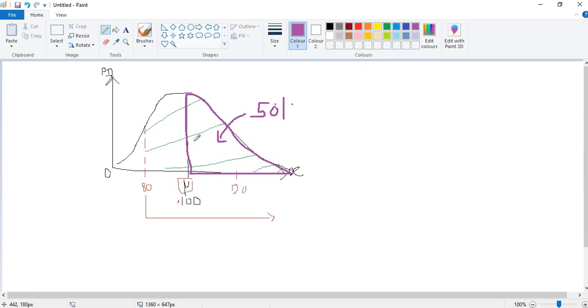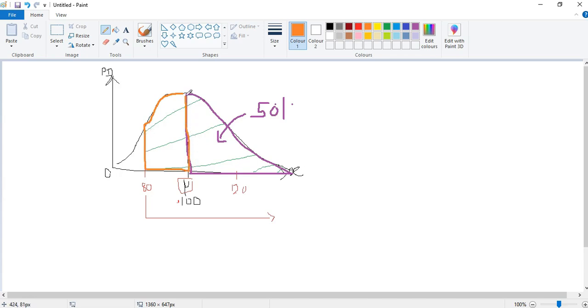If you consider all the values without a limit, then definitely this side will be 50%. And if you consider all the values this side, it will also equal to 50%, and total it will become 100%. But in this area we are seeing only up to here, this section.